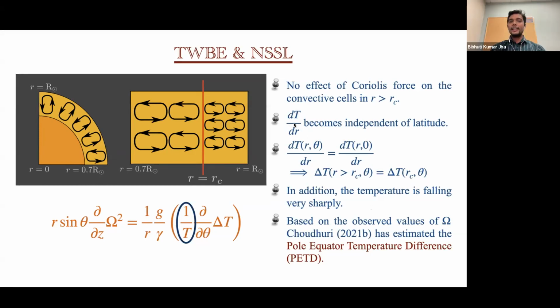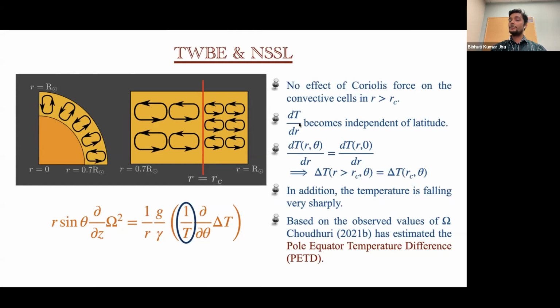Yeah, so what we are saying here is that dT/dr becomes independent of latitude in the region where r is greater than rc. In this region, whatever latitudinal dependency you get at r equal to rc will remain the same. Although the temperature of the sun is falling very sharply, the rate of change will remain the same.